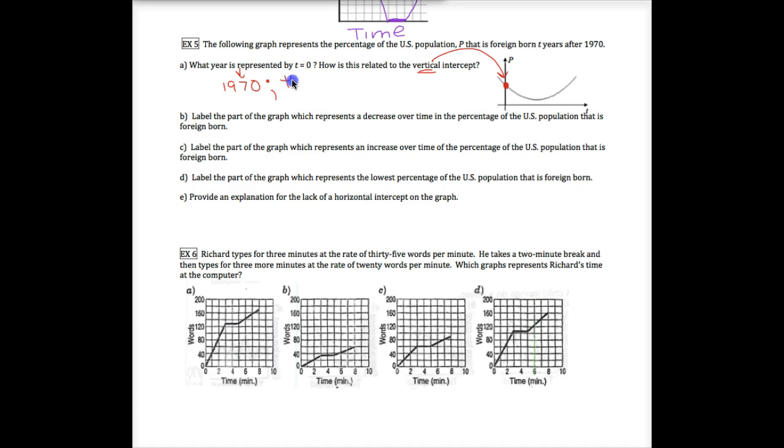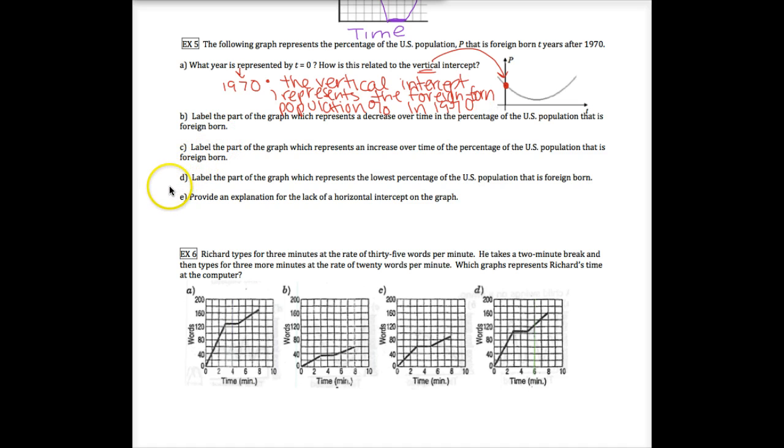So that means that the vertical intercept represents the foreign-born population percent in 1970.